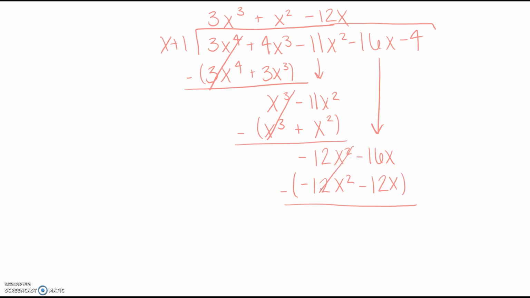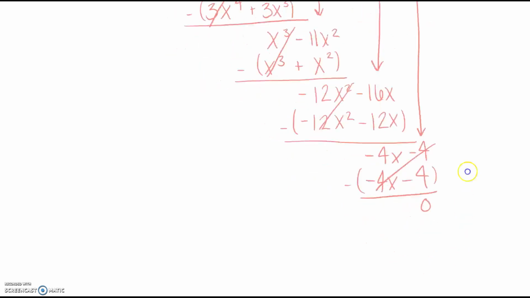Negative 16 minus negative 12 will give us negative 4x. And then we bring down our negative 4. So to get negative 4x, we'll multiply by negative 4. That gives us negative 4x, and negative 4 times 1 is negative 4. So everything here, when we subtract, will cancel out. We'll have a remainder of 0.